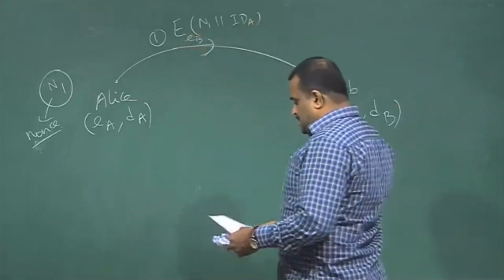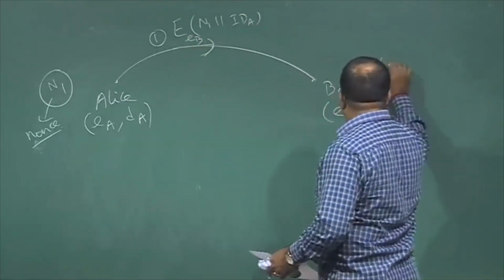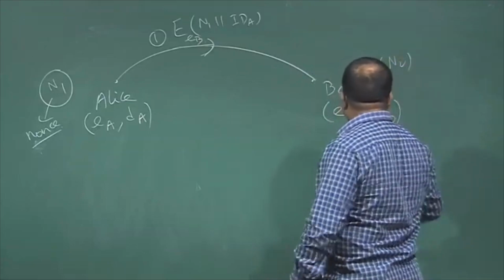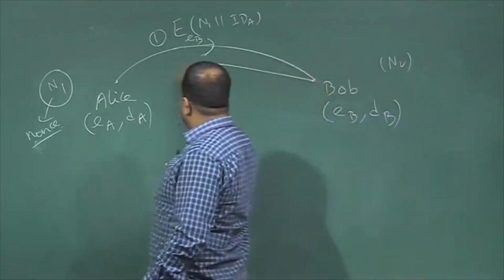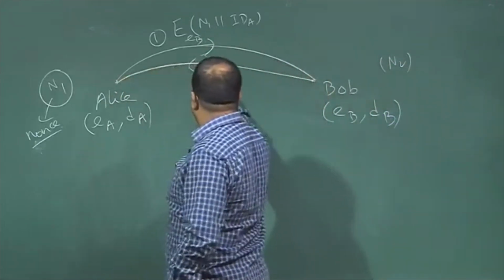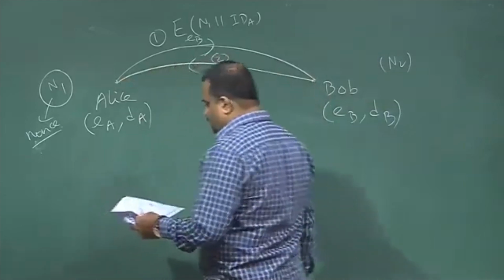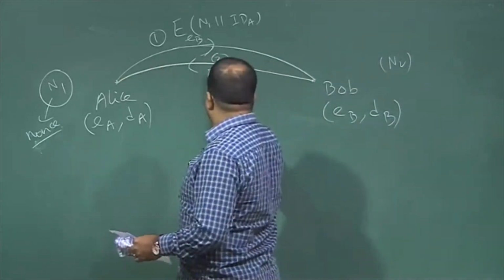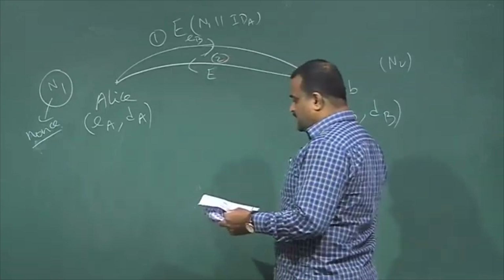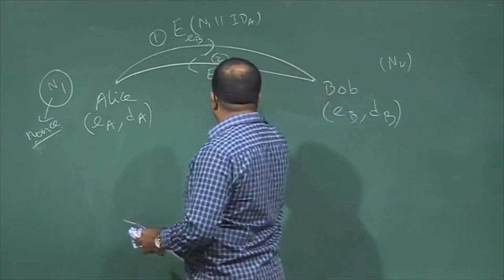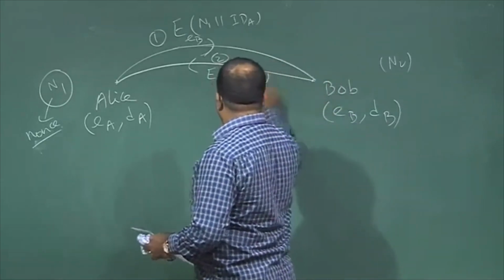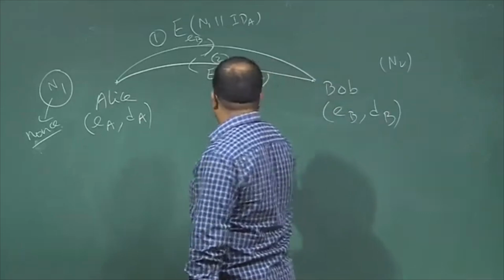Now Bob is choosing another nonce N2, and this is number 2. Bob is encrypting this nonce N1 and N2 using Alice's public key.